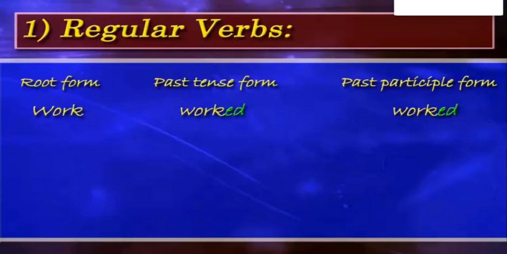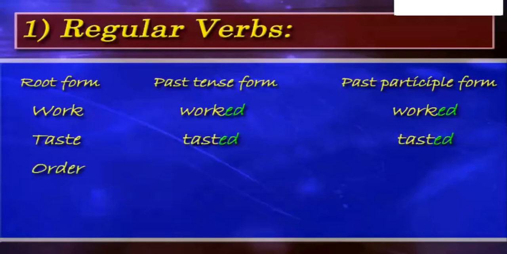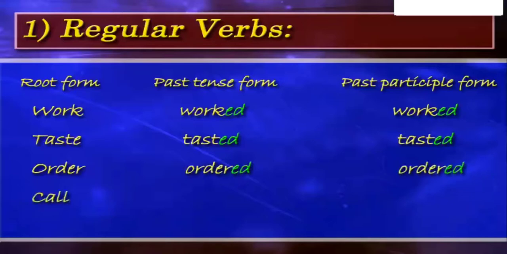In root form, taste. In past tense form, tasted. In past participle form, tasted. In root form, order. In past tense form, ordered. In past participle form, ordered. And so on.